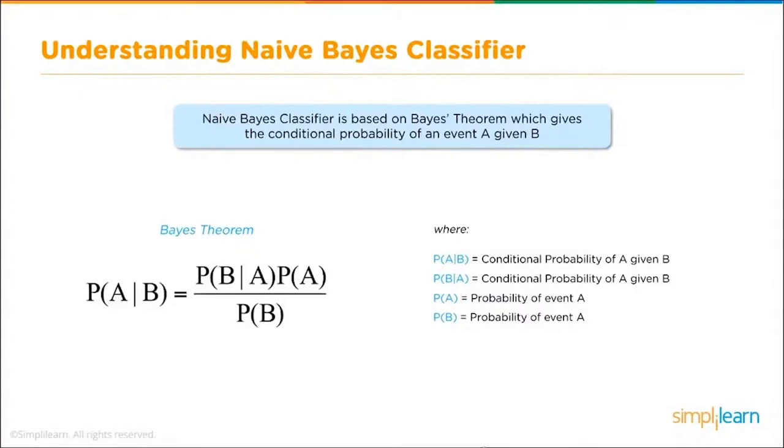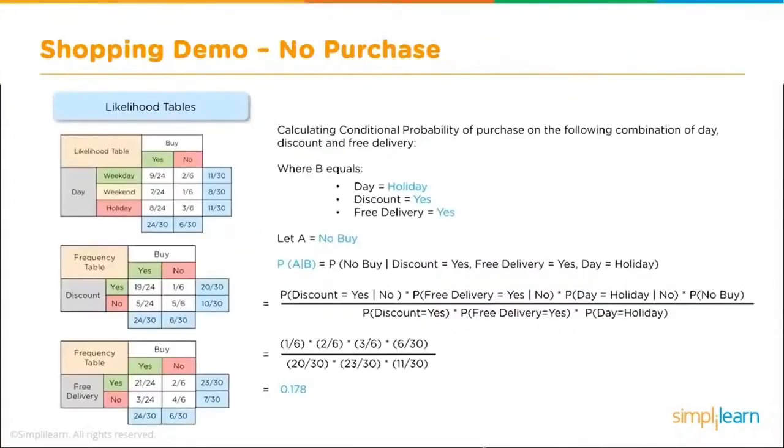You'll see that in just a second in the formula, times the full probability of A over the full probability of B. So here we are back to this, and we're going to let A equal no purchase, and we're looking for the probability of B on the condition A, where B stands for three different things. In this case, we just multiply those three variables together: the probability of a discount times the probability of free delivery times the probability the day is a holiday.